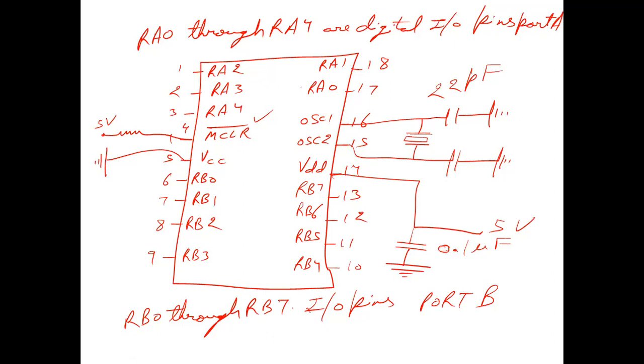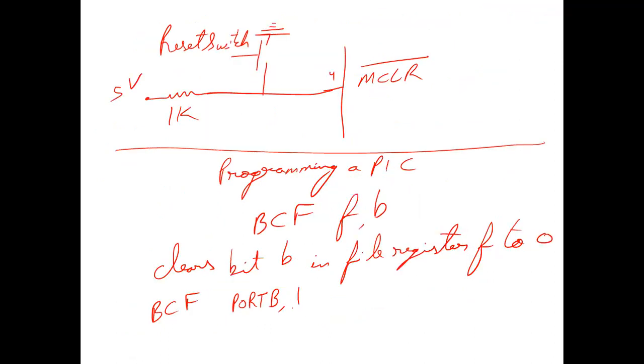Now this command, so there are 8 bits, right, in port B. Now in this port B, this command BCF PORTB comma 1 will make bit 1 in port B as 0. So if let us say port B is all 1s, let us say 1, 2, 3, 4, 5, 6, 7, 8, right?